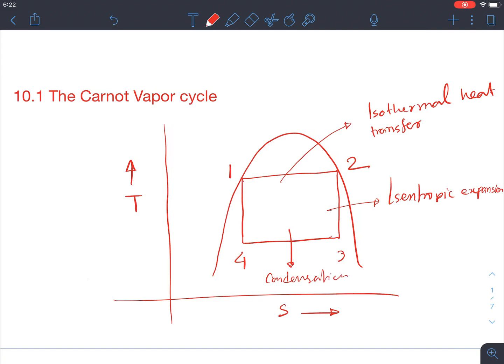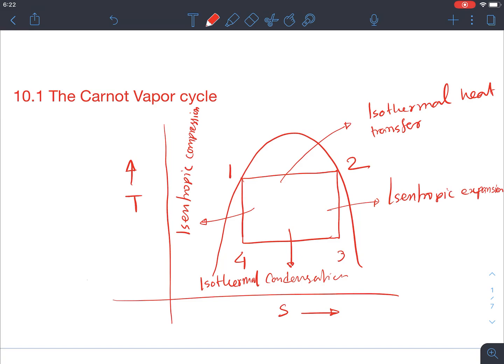And process 4 to 1 is basically isentropic compression. Okay. So this is the ideal Carnot vapor cycle.